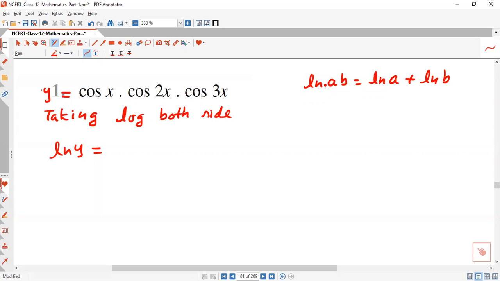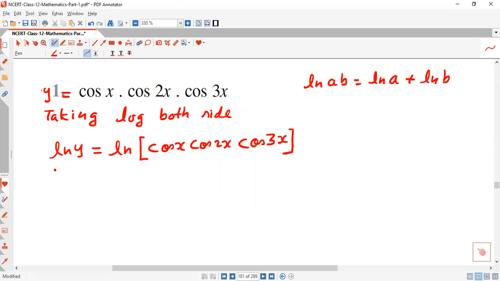Log A into B can be written as log A plus log B. So log y is here; I will take the log of the whole function, cos x, cos 2x, and cos 3x.